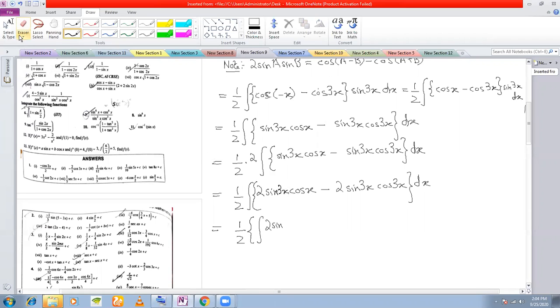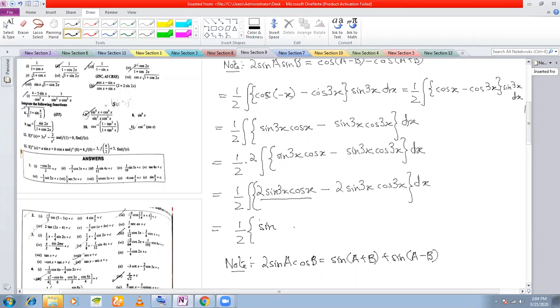So what will happen here is I change this again to a sum. 2 sine A cos B, what is the formula? Formula is sine(A plus B) plus sine(A minus B).